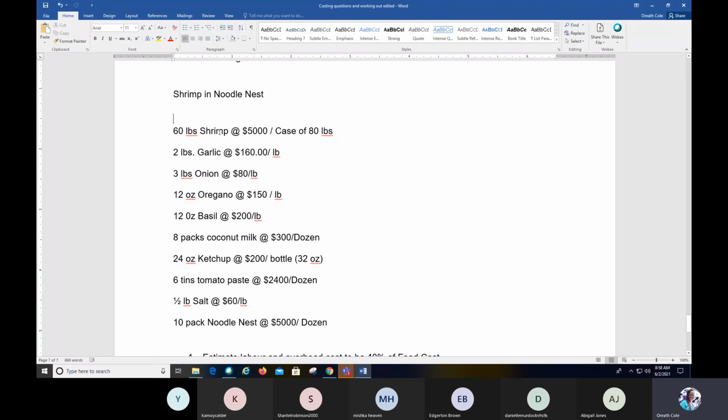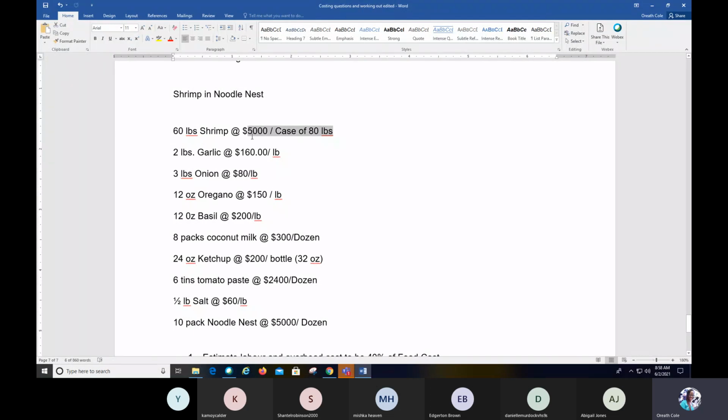It says 60 pounds of shrimp at $5,000 a case. What does the case part mean? Case of 80 pounds. Why would they put this here? Miss, because the package would weigh that, miss. Good. That means they buy 80 pounds.